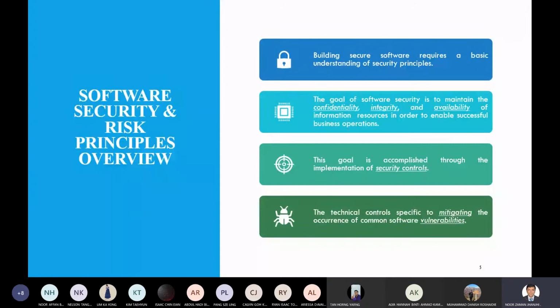further on software security and the risk principle overviews, we may read one by one because these are very important points. You can see that building secure software requires a basic understanding of security principles. So why do we need security engineers? We already have software engineers, project managers, and coders.